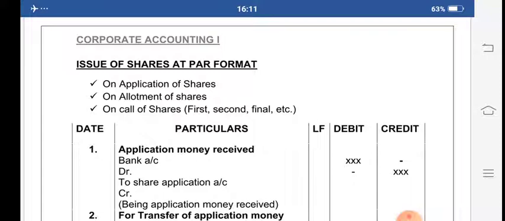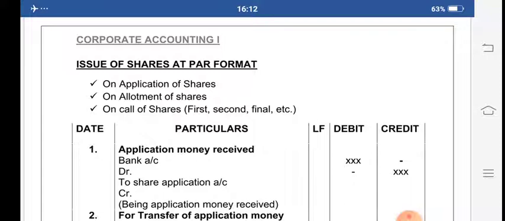The journal format has the date column, particular column, LF column, and the debit and credit columns.